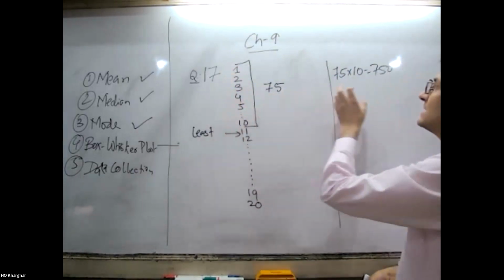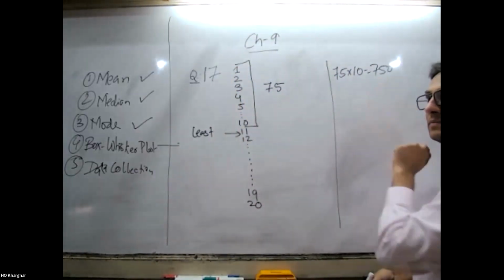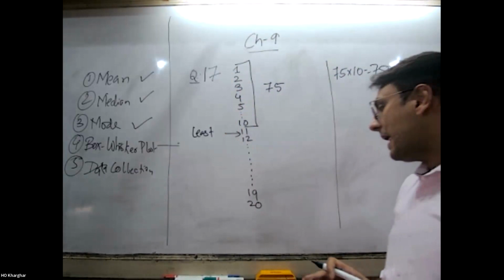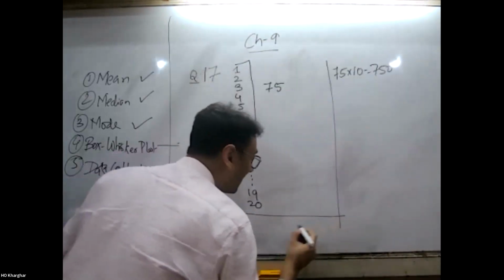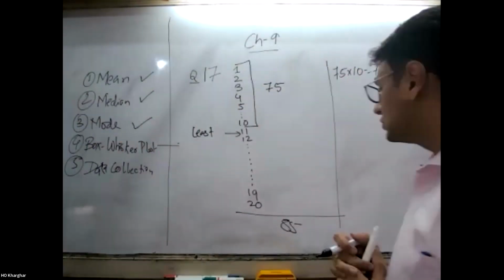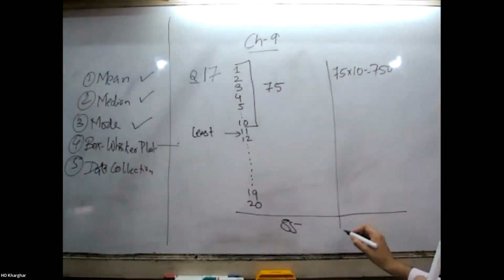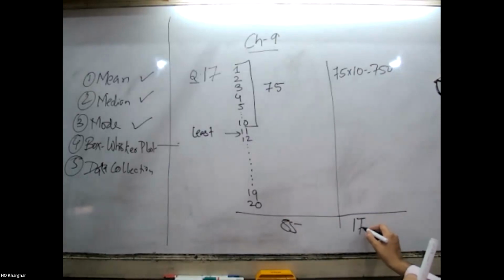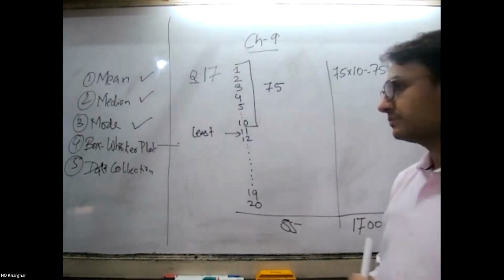It also says my overall average should be 85 from 20 ratings. So my overall sum should be 20 into 85, 1700. Are you with me on this? Wait, how did you get 1700?